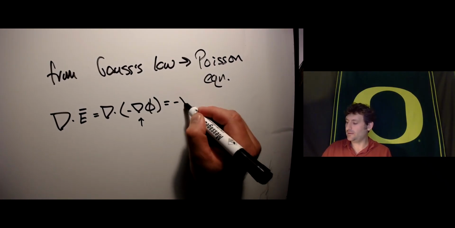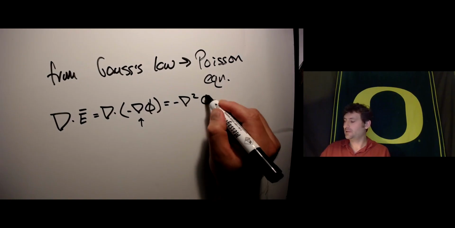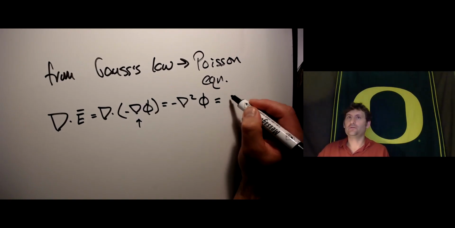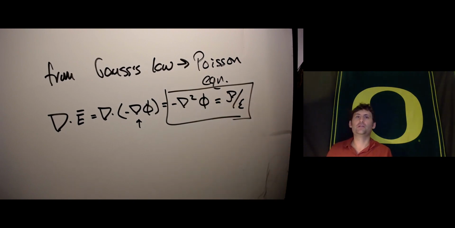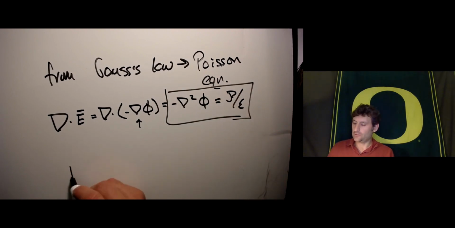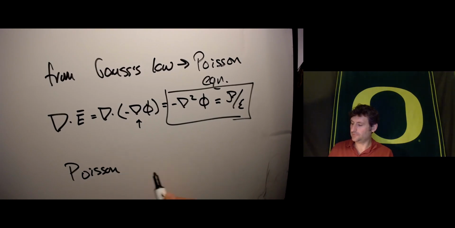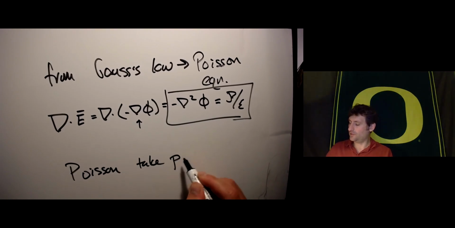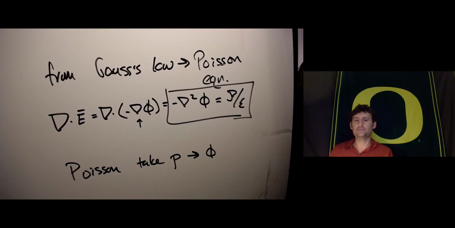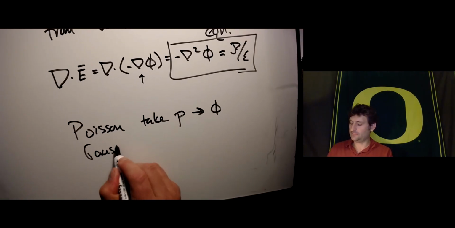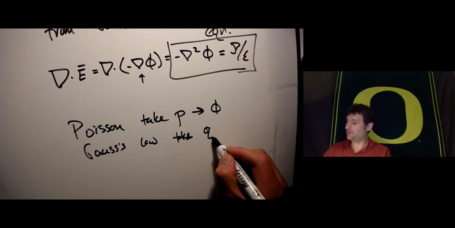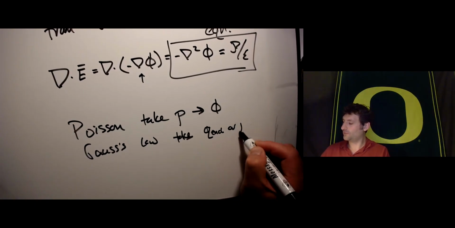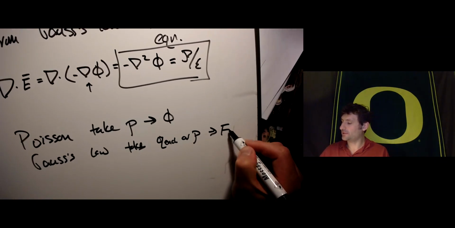And this is equal to negative del squared phi, which is equal to rho over epsilon. So this is the form of the Poisson equation that you'll often see. So Poisson takes rho and goes to phi. Gauss's law takes Q enclosed or rho and goes to the electric field. Okay, goes to the electric field.